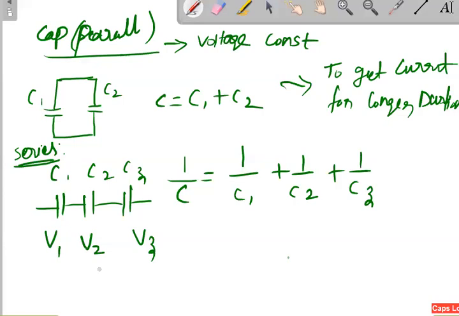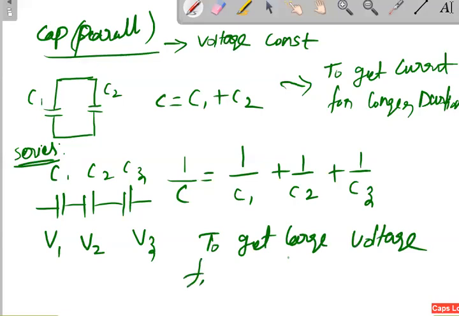You have 10 volt capacitors, so you can go for series combination to get large voltage from capacitors with a lower voltage rating. You should know when to go for parallel and when for series. This is the basics of capacitors.